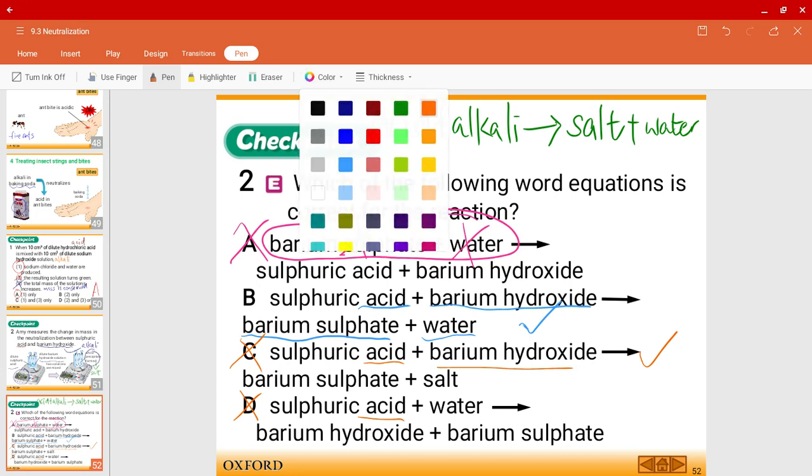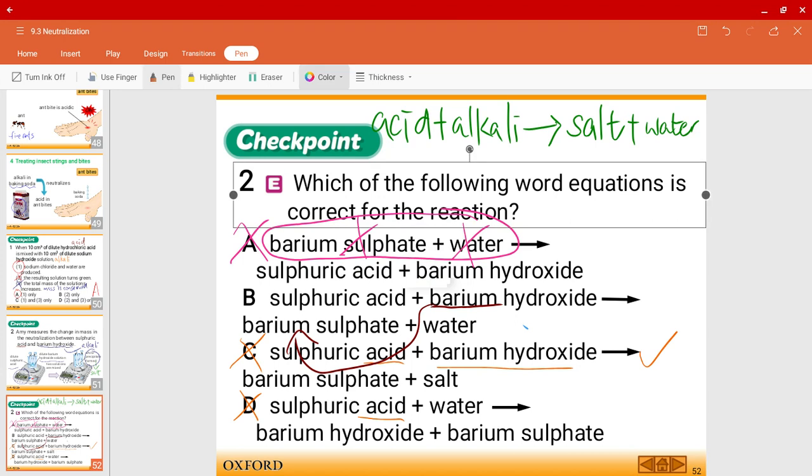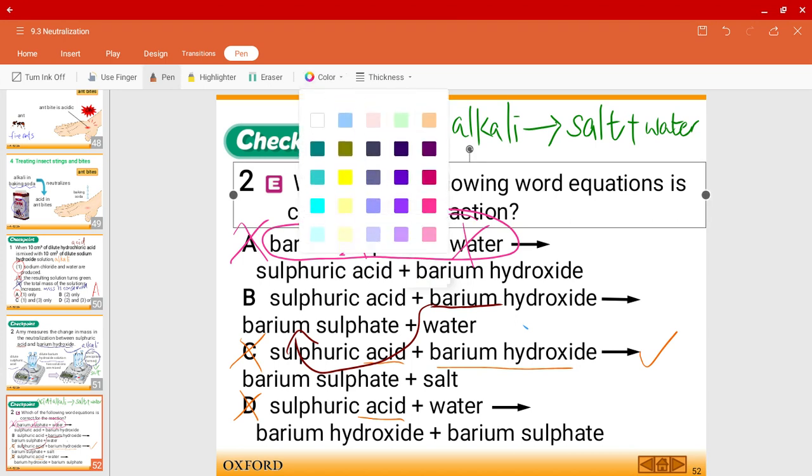So you guys remember how I taught you to identify the salt's name? First thing you do is you get the first name of the alkali, which in this case is barium, and you check whether it's the same. Yes, it's the same. And the second step, what was the second step?